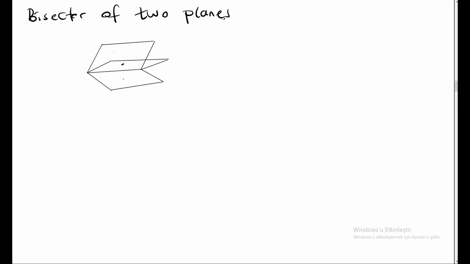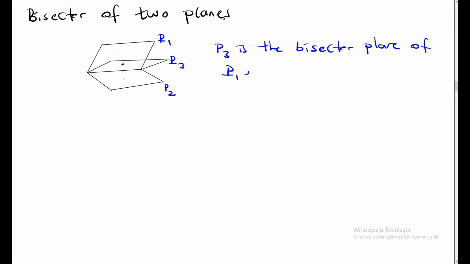So let's say this is P1, this is P2, and this is P3. So P3 is the bisector plane of P1 and P2.